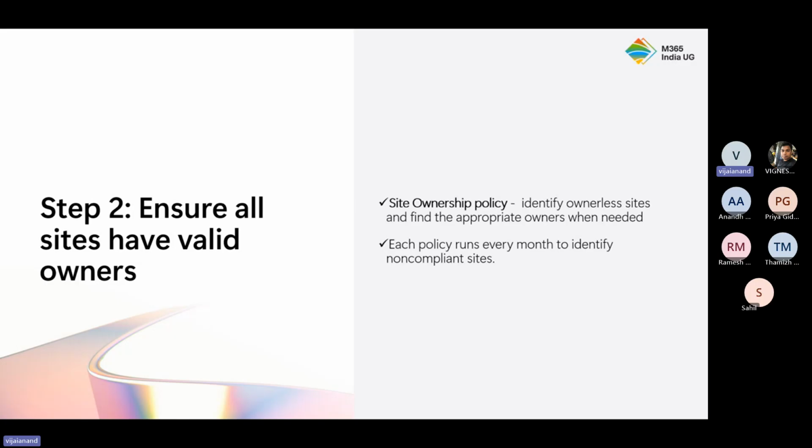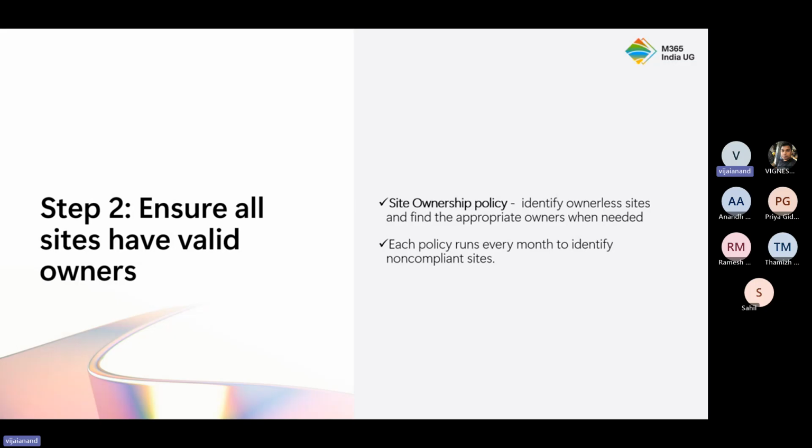So for oversharing of content, we also need the site owners to do some site access review for the identified sites which are considered to have the oversharing risk. For this purpose, we need these valid owners to be available. So how do we identify whether all the sites have valid owners or not?